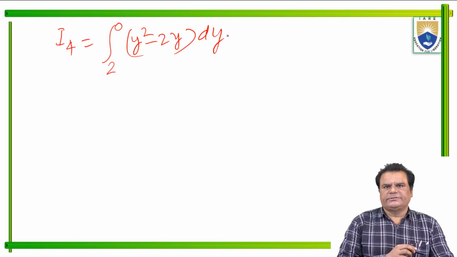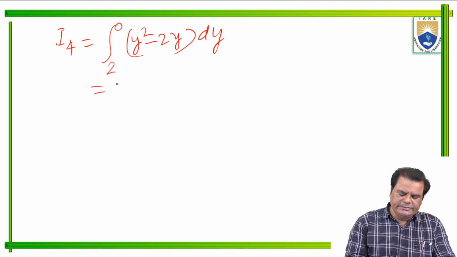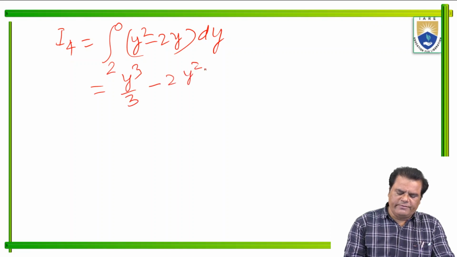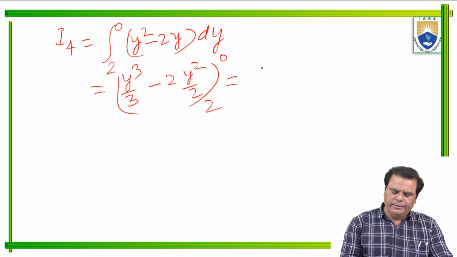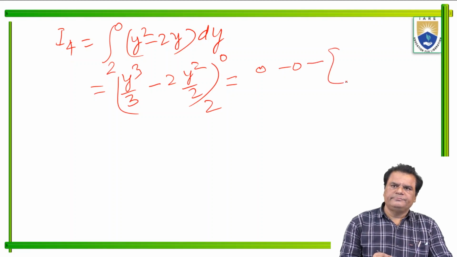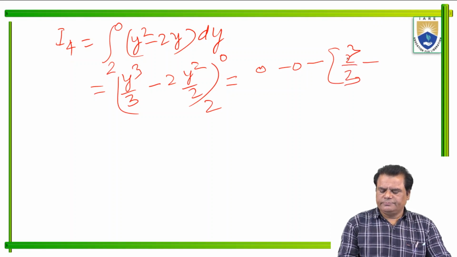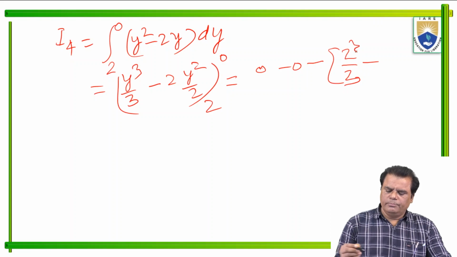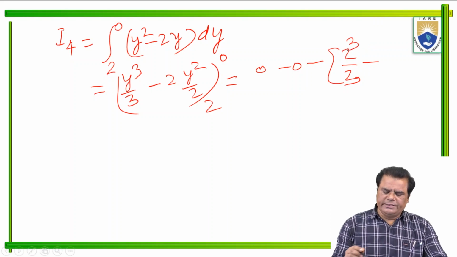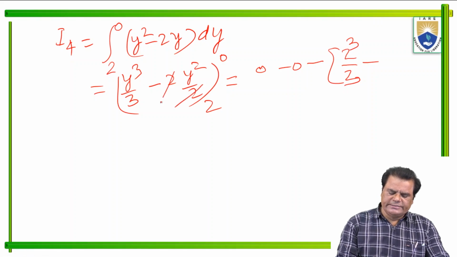Now the integral of this is y cube by 3 minus 2y square by 2, and putting limit, the upper and lower limits reverse the sign. First putting 2 cube by 3 minus 2 square, the 2 is cancelled.